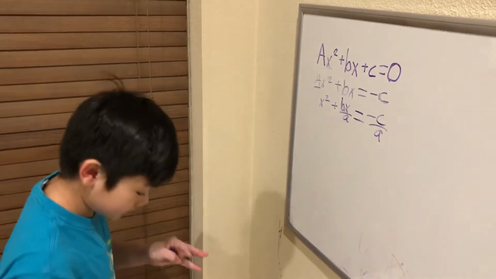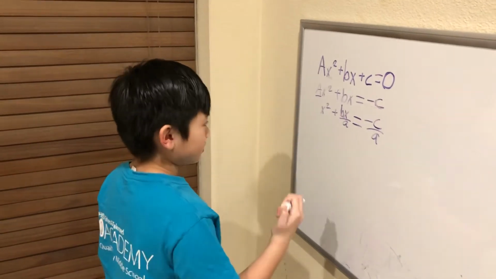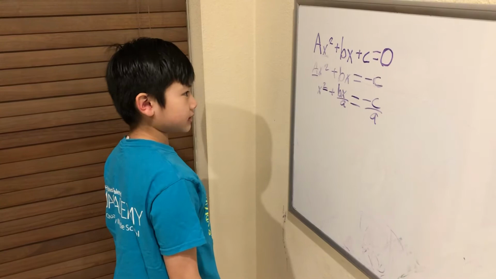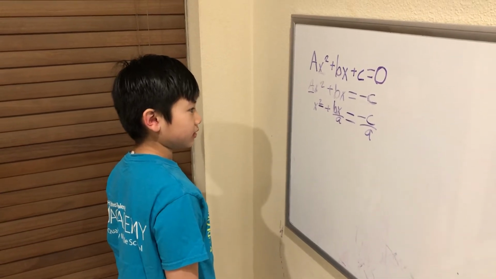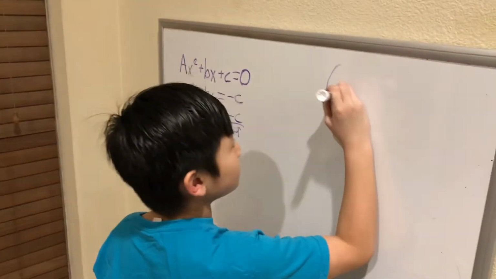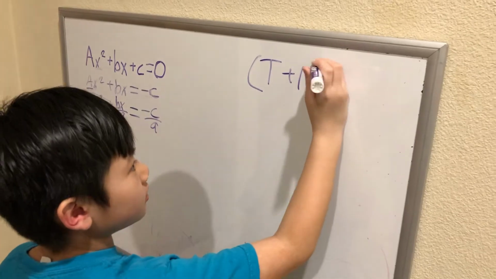Now comes the trickier part. We want to remove the square from x for it to be x. So I'll give you an example: t plus n.